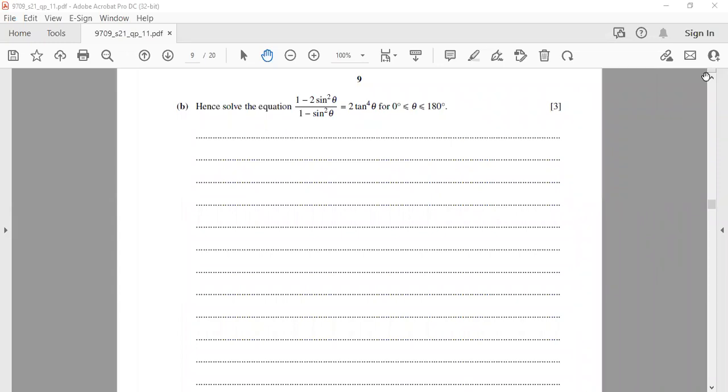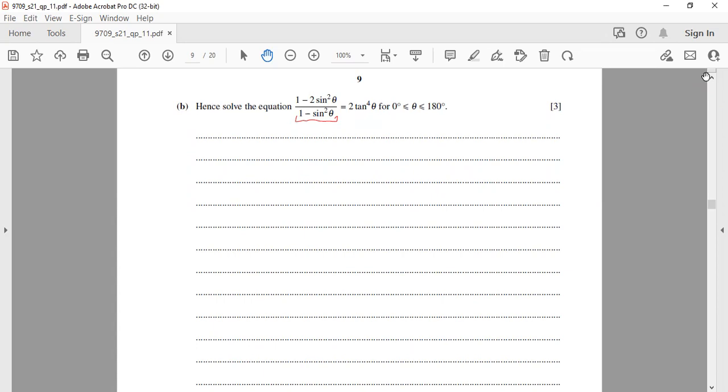So now let's move on to part B, which asks us to solve the expression we proved in part A, equal to 2 tan to the power of 4 theta, for theta between 0 degrees and 180 degrees.